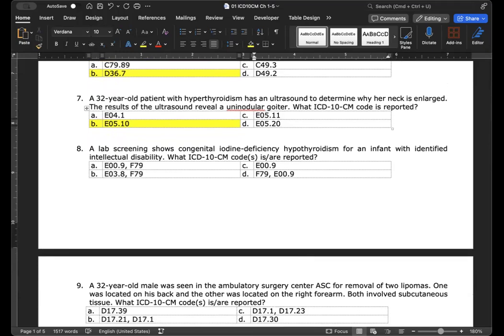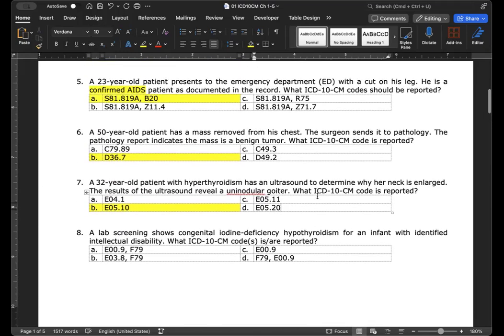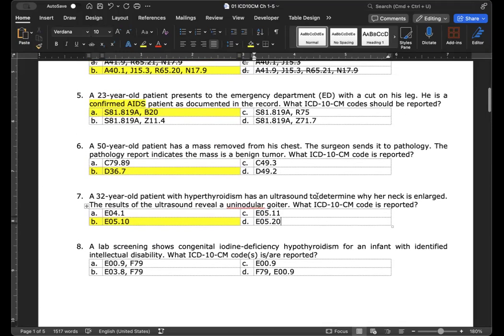I jumped in kind of late and I'm so sorry, but before we move on too far, I know that the guidelines for AIDS are that once you've been diagnosed with it, you do get coded B20. I was wondering about the difference between B20 and Z21 as far as HIV goes, because that always confuses me. Yes. Z21 is going to be just when the virus is present and they are asymptomatic.